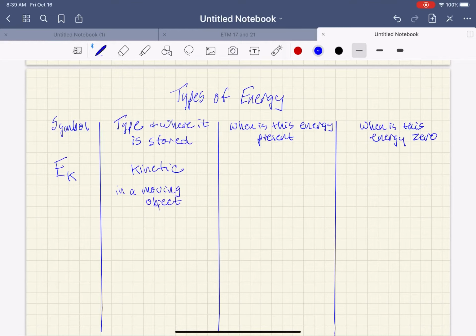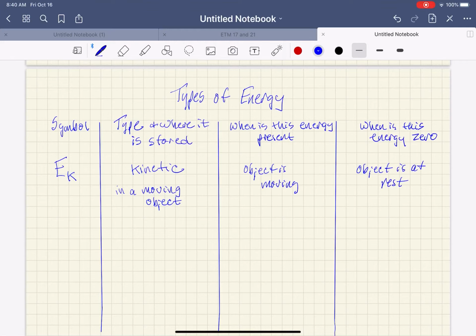It's present when the object is moving, and it's zero when the object is at rest.